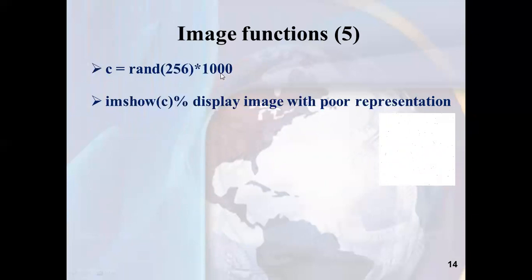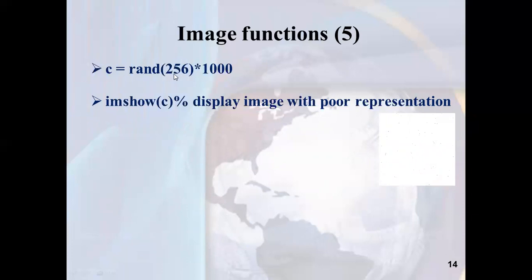If we multiply these numbers by 1000, and we run 256, it means that we create a squared matrix of dimension 256, where each element of this matrix contains a random number between 0 and 1.